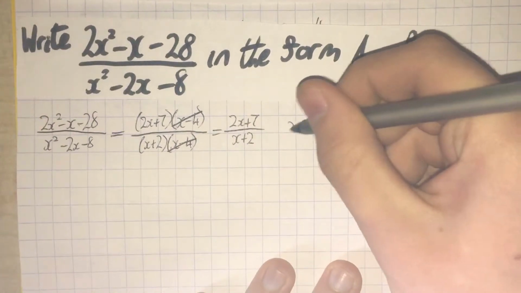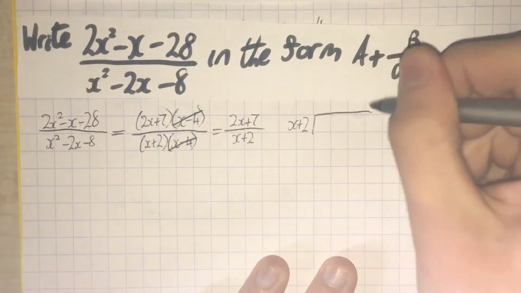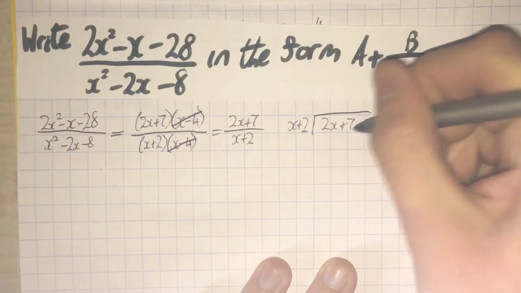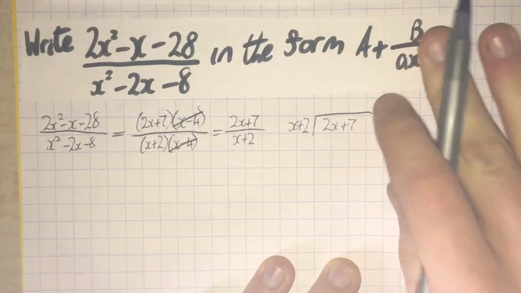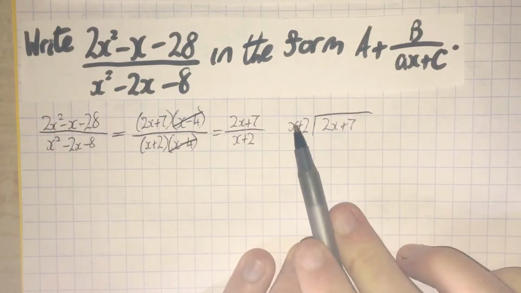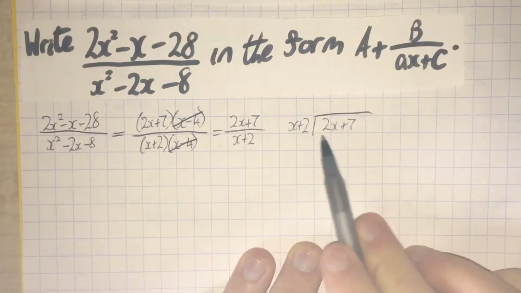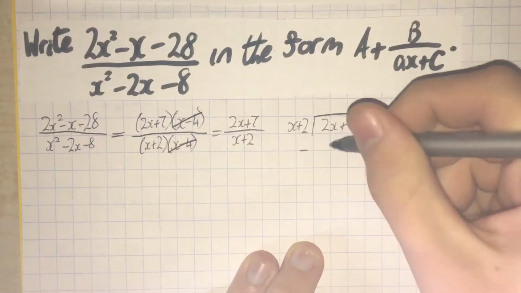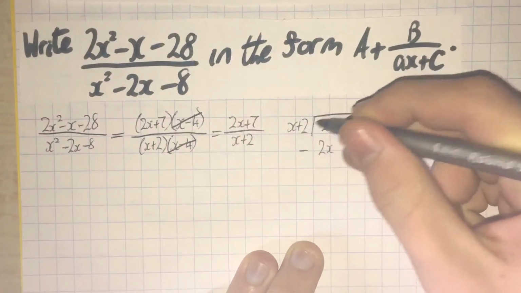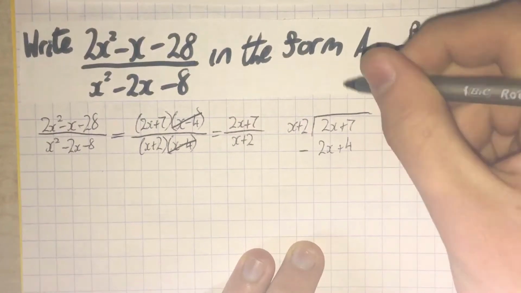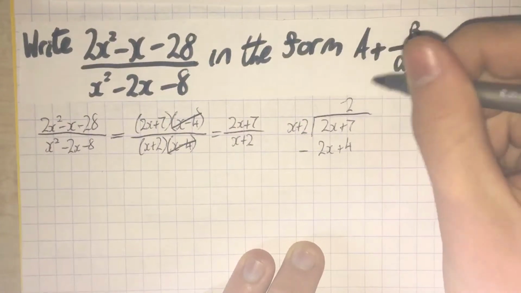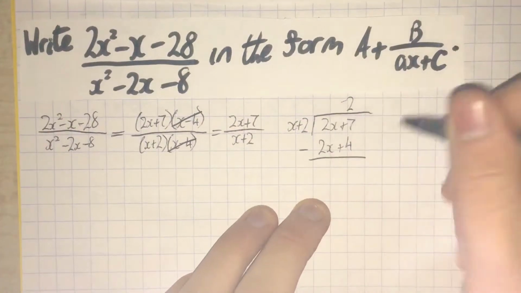So if we have x plus 2 and we're dividing 2x plus 7 through by it, that means if we times by 2, we can cancel off our 2x, so we're going to be minusing 2x. 2 times 2 is of course 4, so plus 4 there. We times by 2, and then that will give us a remainder.